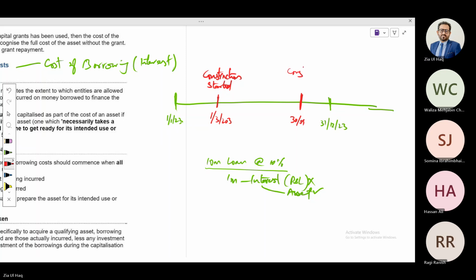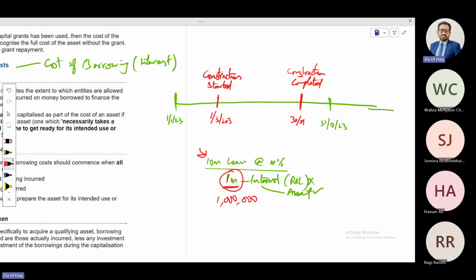For the complete year, the loan amount is used in asset construction as well, and the interest expense is 1 million.